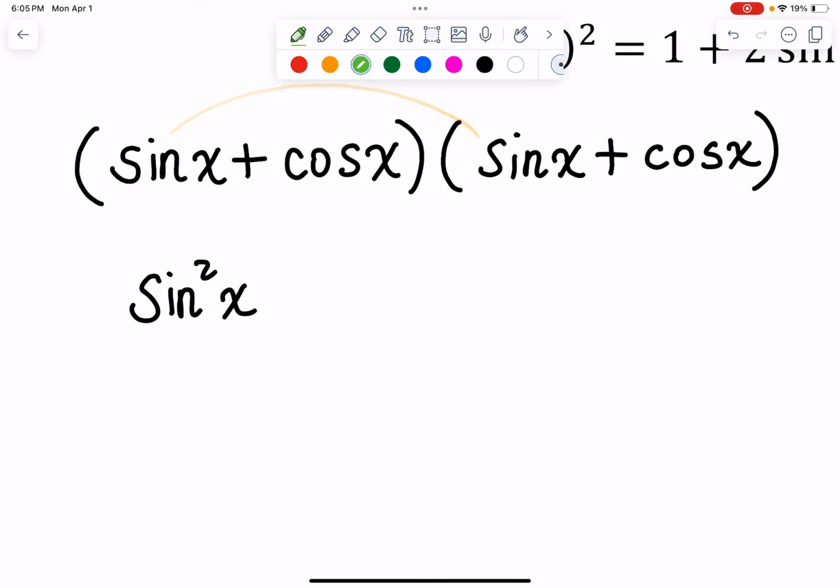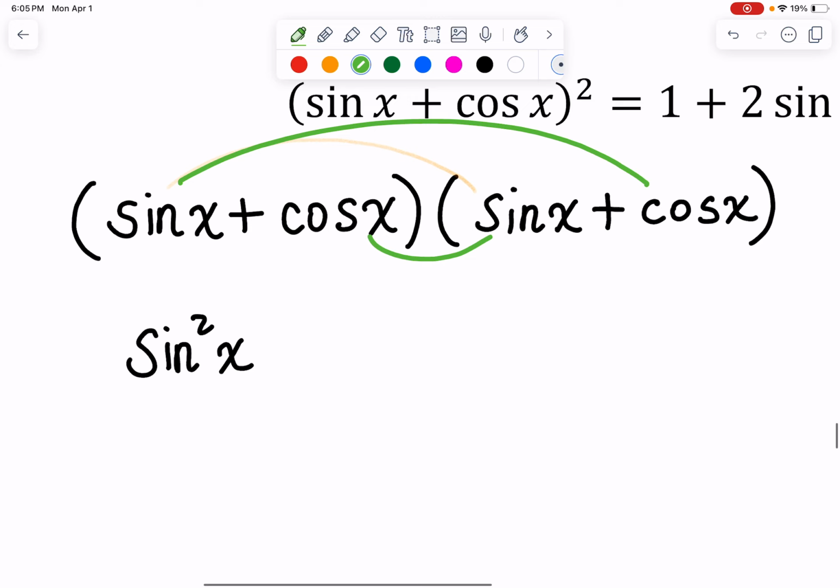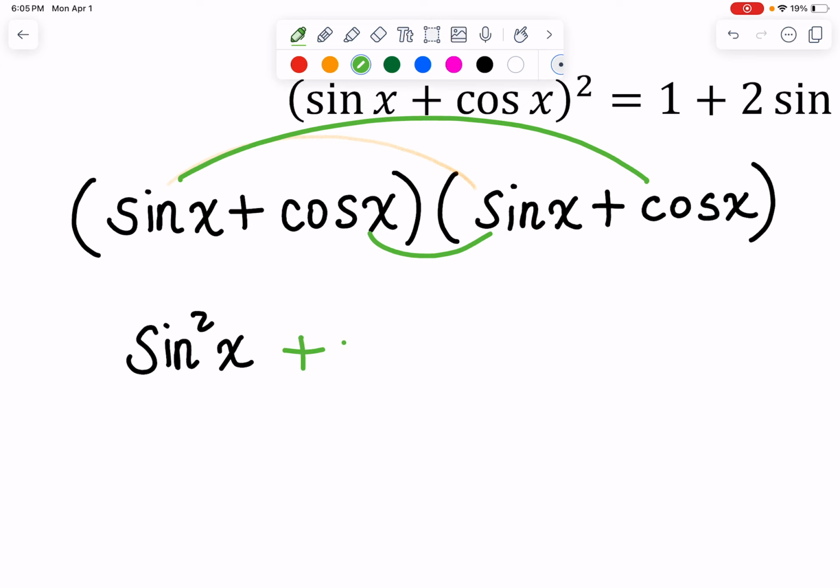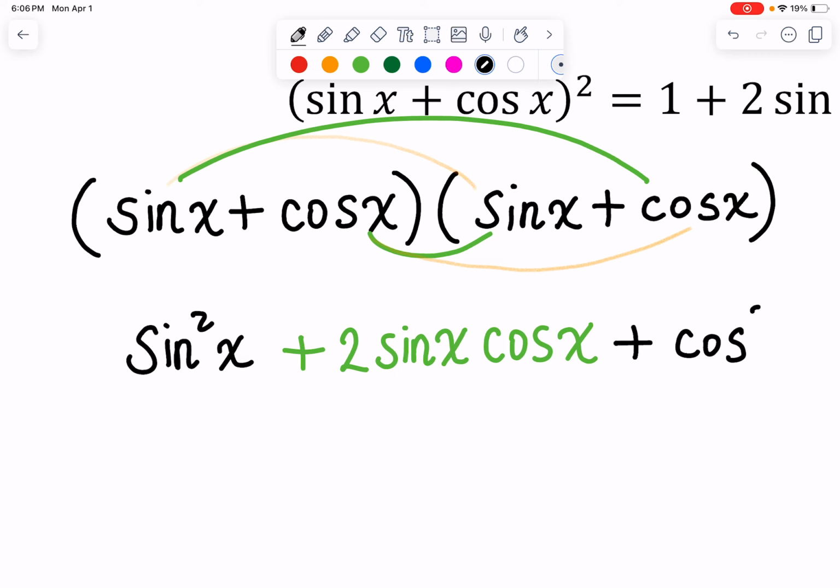Now, when you do sine x times cosine x and another sine x times cosine x, we're going to get 2 sine x cosine x. Now, the last terms, cosine times cosine. What's that going to be? Cosine squared x.